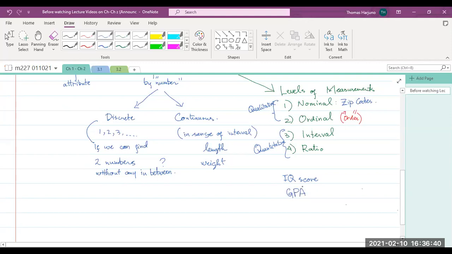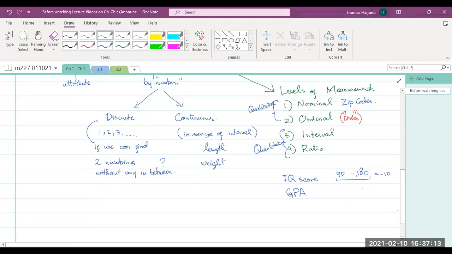Now IQ score, for example, let's say my IQ score is 90 and your IQ score is 100. When it comes to interval, it means you can subtract them. So there's a difference. The difference between my IQ score and your IQ score is 10. I'm 10 points below your IQ score. Now let's say I change it, my IQ is 90 and your IQ is 180.